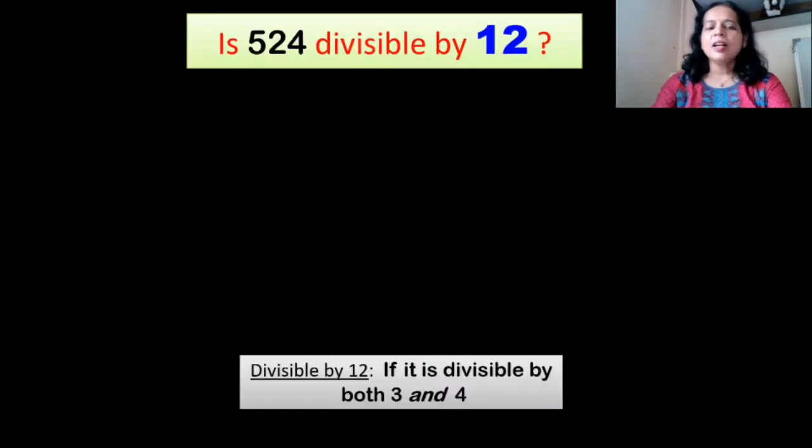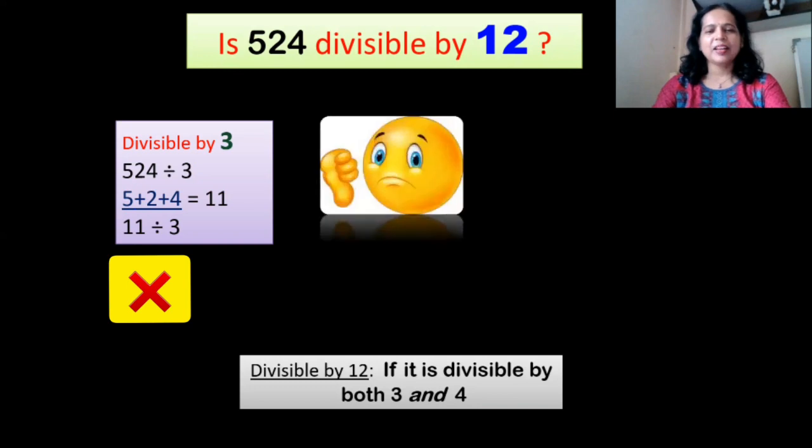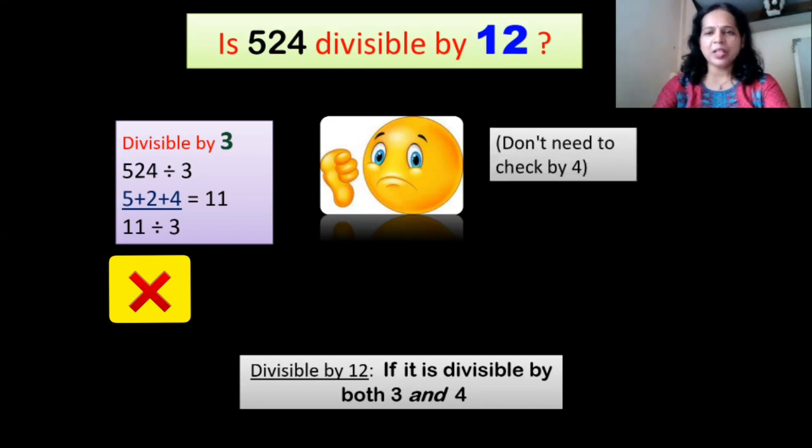Okay. Let us see one more example. Is 524 divisible by 12? Let us check first for the divisibility test of 3. Is 11 divisible by 3? No. When it is not divisible by 3, that means 524 is not divisible by 3.